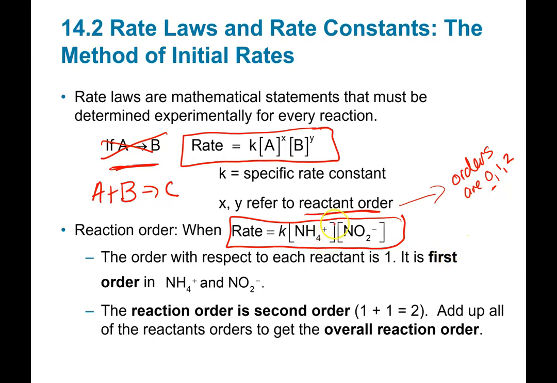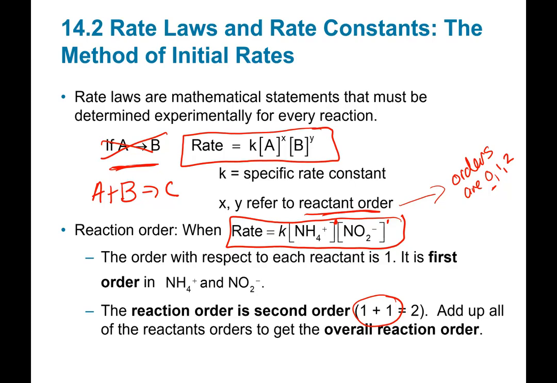So for instance, NH4+ has a fictional 1 here, and NO2- also has a fictional 1 here. Because they have those fictional exponents, we know that they each have an order of 1. In order to find the overall reaction order, you just add the two together. So this 1 plus this 1 makes 2. The overall reaction is second order in this particular case.